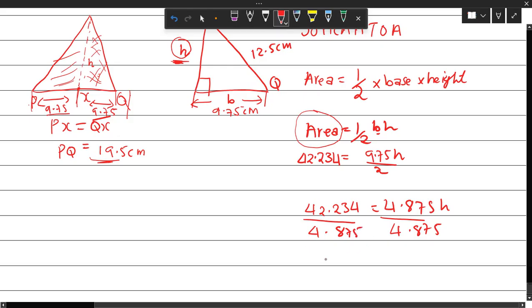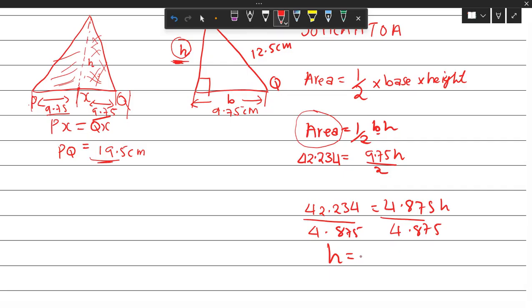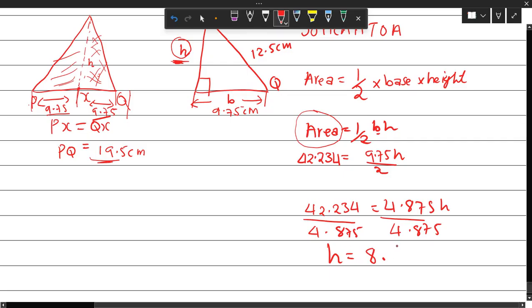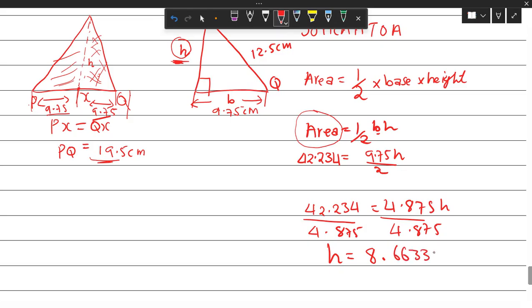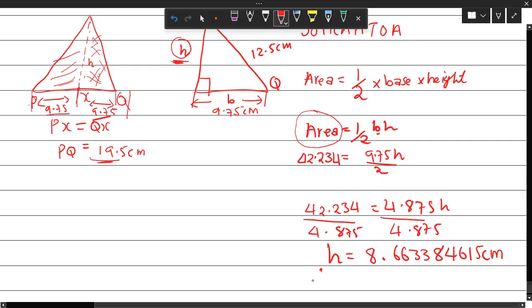Meaning h is equal to 42.234 divided by 4.875, we get 8.663384615 centimeters. Now you round off to 3 decimal places.